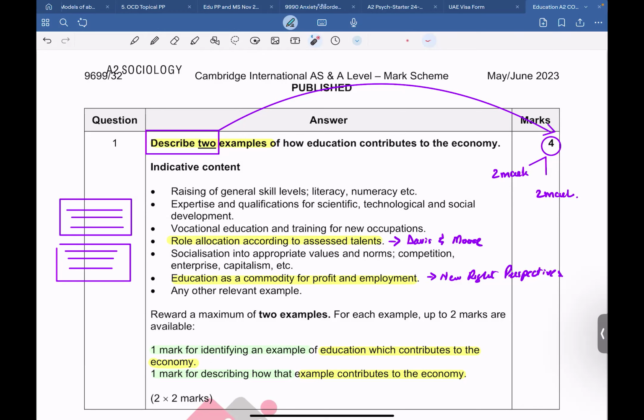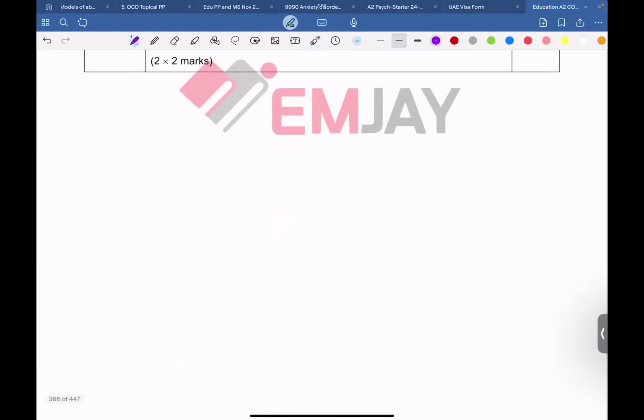So I could write this down for you as well, real quick. Let's hope it does not take a lot of time.